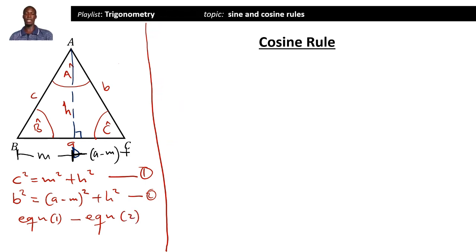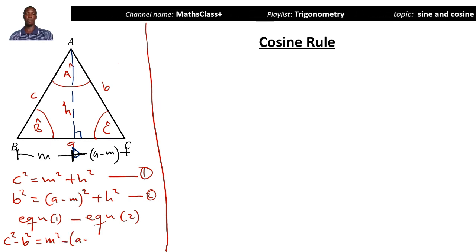And if I do that, I'll get C squared minus B squared equal to M squared minus A minus M squared in bracket, and then plus H squared minus H squared.